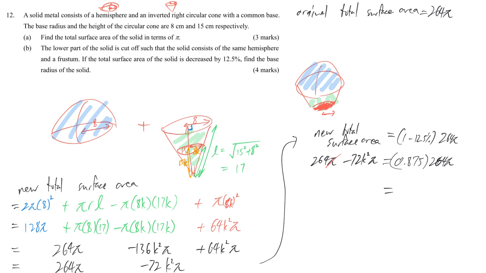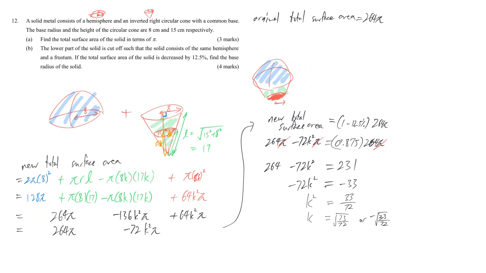All the terms have pi, so we can divide both sides by pi. 264 minus 72 k squared is equal to 231. So 72 k squared is equal to 33, and k squared is equal to 33 over 72. Afterward, we have k equal to the square root of 33 over 72, or the negative result. Because the base radius should be 8 times k, if k is negative we have to reject it.